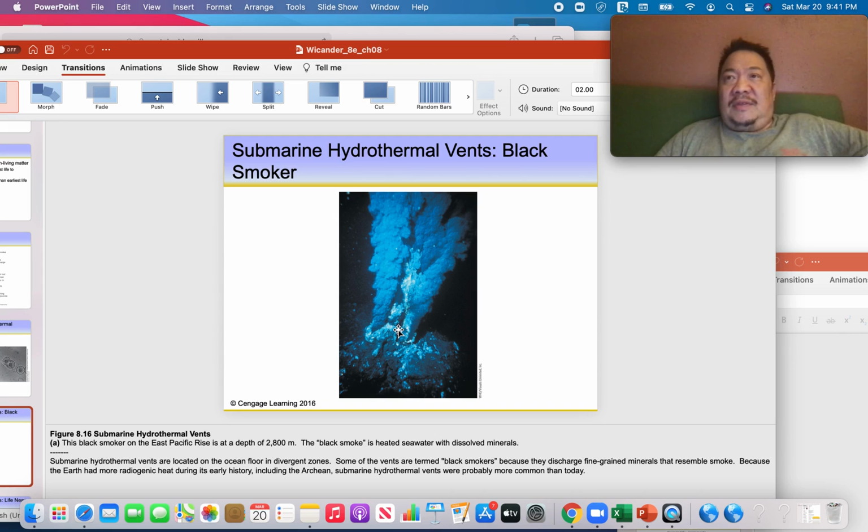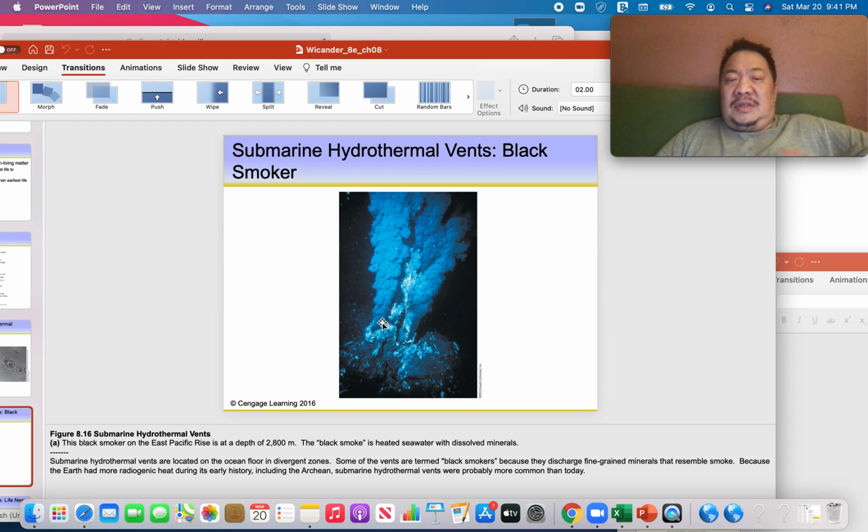In the 1970s, French submariners traveled miles deep underneath the ocean and photographed these black smokers. And they wondered, what in God's name are these things? What is this black smoke coming out of the sea floor?